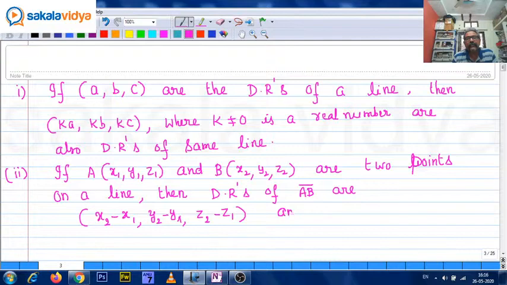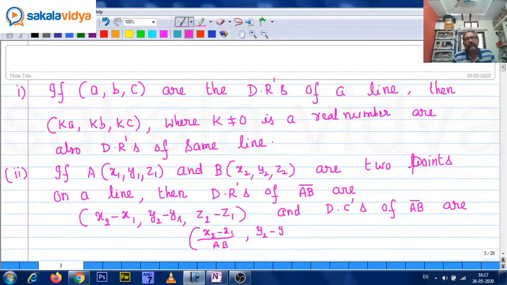The direction cosines of AB are x2 minus x1 by AB, comma y2 minus y1 by AB, comma z2 minus z1 by AB, because AB is equal to root of x2 minus x1 square plus y2 minus y1 square plus z2 minus z1 square. Understood now? Okay. Right.